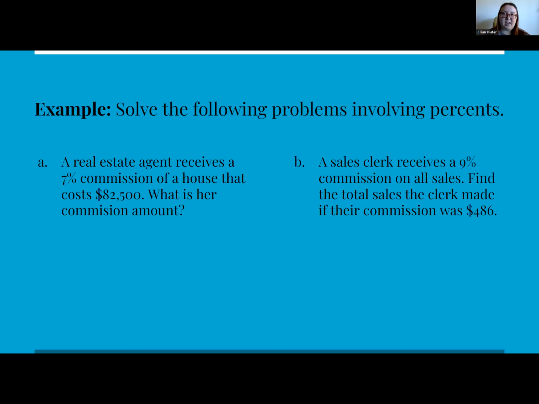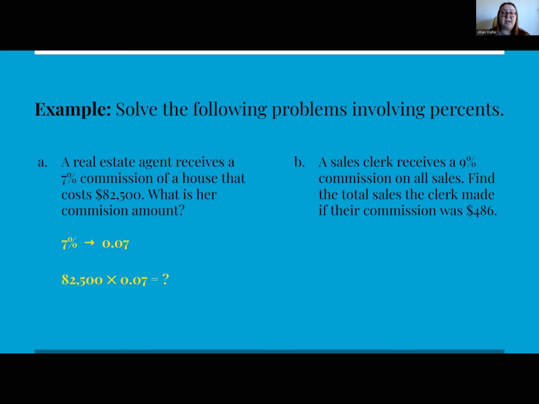So starting with part A, we want to know, what is the commission? It's 7% of 82,500. We heard the word "of" in there. That should be multiplication. And we have a percent, so we want to change that into decimal. 7% as a decimal is 0.07. We took the decimal place and moved it 2 spots to the left and dropped the percent sign.